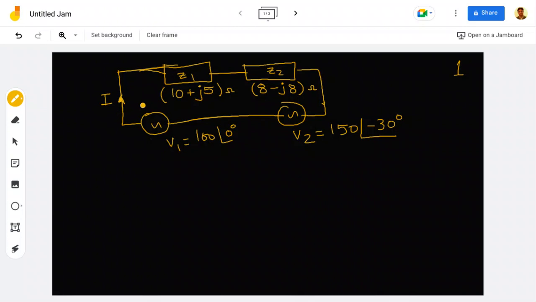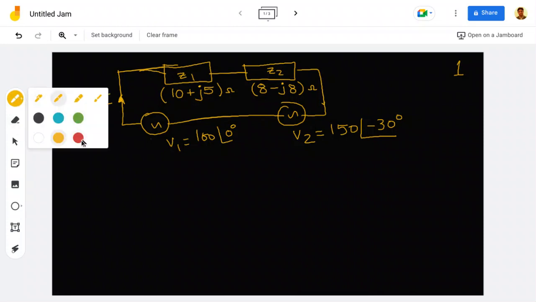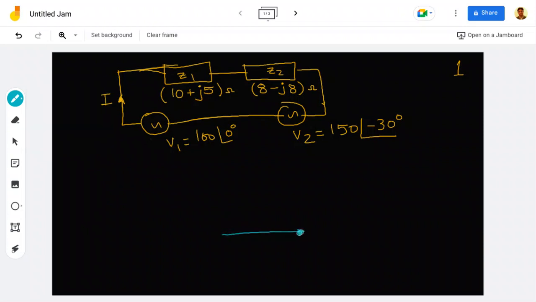Did you all understand the circuit? Any questions or any doubts on the circuit, how it is coming? Okay, so now today's subject I wanted to talk about is vector diagrams. So I'll change the color to maybe blue, and if I draw a horizontal line, what should I call this one?